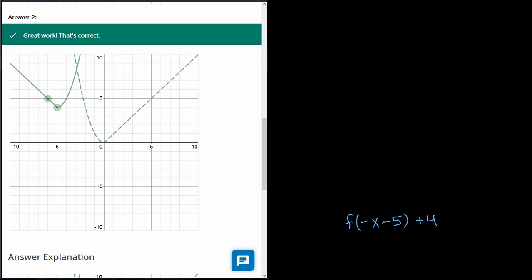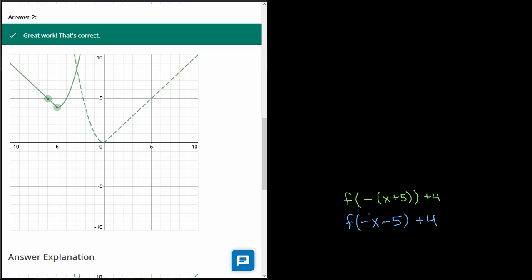What I recommend here is whenever there's a number or a negative sign right in front of the x, the first thing you do is factor it out. So I'm going to factor out that negative sign. This will turn into negative x, and when I factor a negative out of the negative 5, I get a plus 5, and then a plus 4.